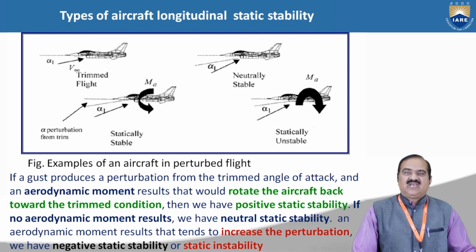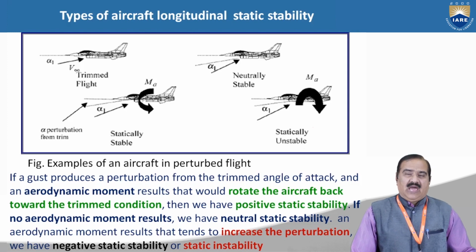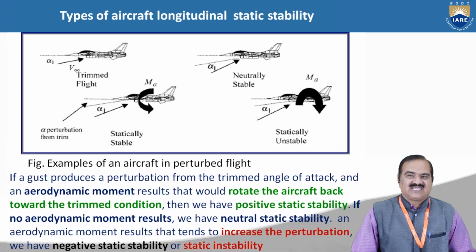This lift will try to again make the nose up, but due to this, the aircraft will try to come down. As the aerodynamic center is behind the center of gravity, as and when the angle of attack is increased, it means the nose is going up and the lift will increase. This lift will try to push down again to its original position, and it is the case of a statically stable aircraft.